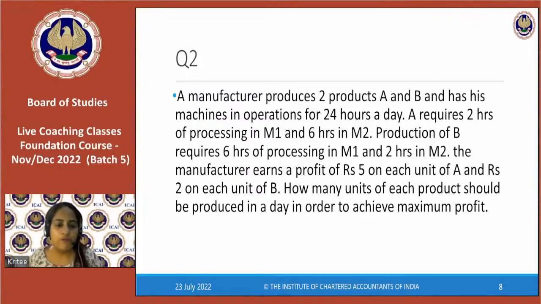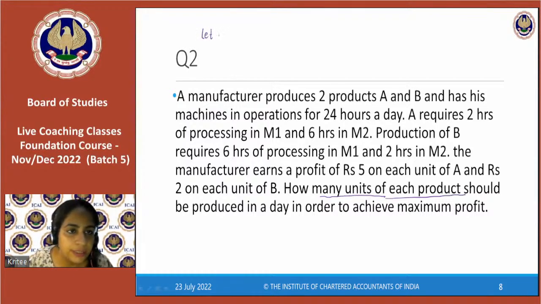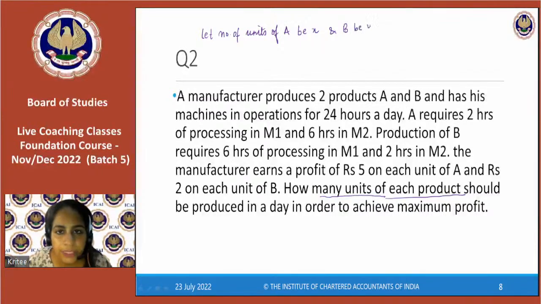So a manufacturer produces two products, A and B, and whatever you have to calculate is how many units of each product. So I will start with this. Let number of units of A be X and B be Y. Now I have A and B, two products.